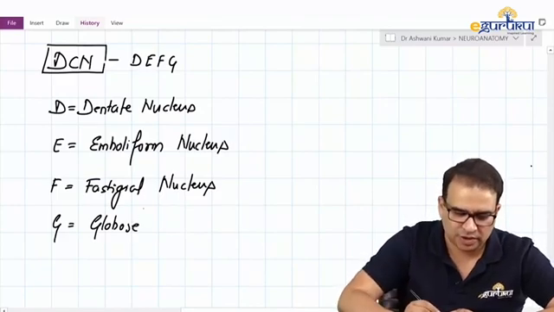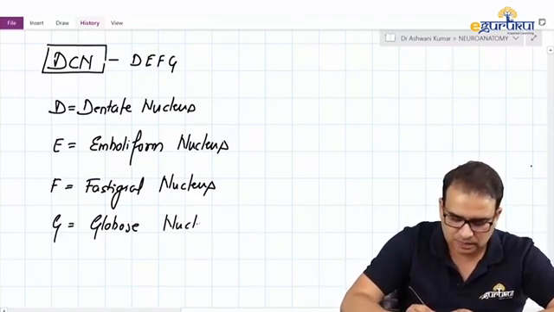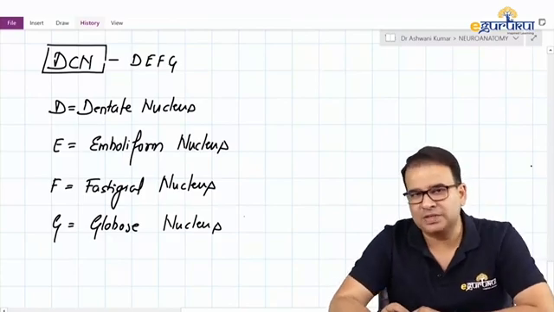Globose or globosus, whatever you call it, globose nucleus. Dentate, emboliform, fastigial and globose.